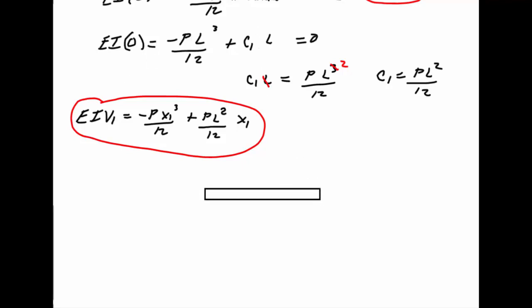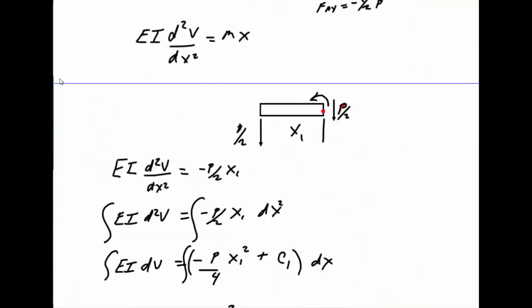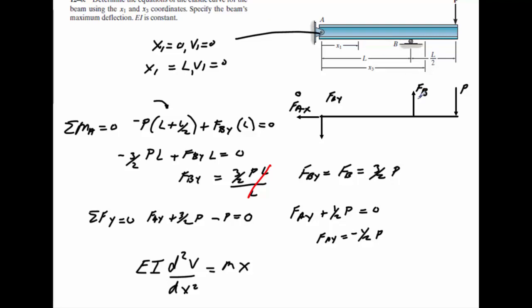We'll go ahead and apply the loads that we already have. So we have P over 2 coming down. I have this value here, which is what's happening at B, and we already have B as 3 halves P.